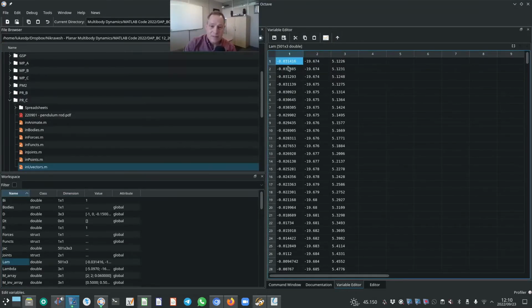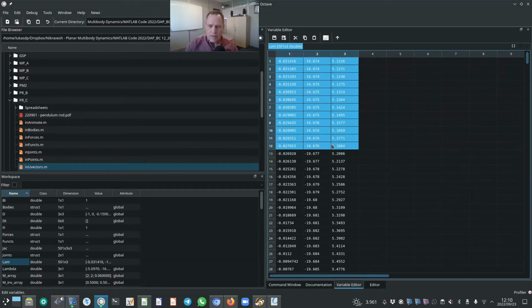This variable shows the Lagrange multipliers at each time instant from time t0 to time 30 seconds in increments of 0,06 or 60 milliseconds.